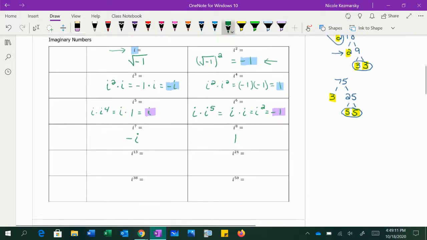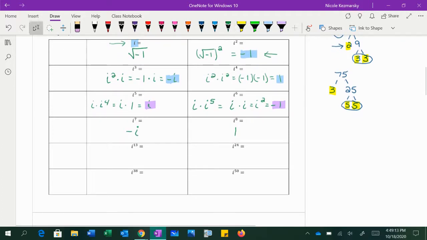So one way to look at this is as a circle. And on that circle, we have i, i squared, and i cubed. And let me actually write i to the 4th up here.